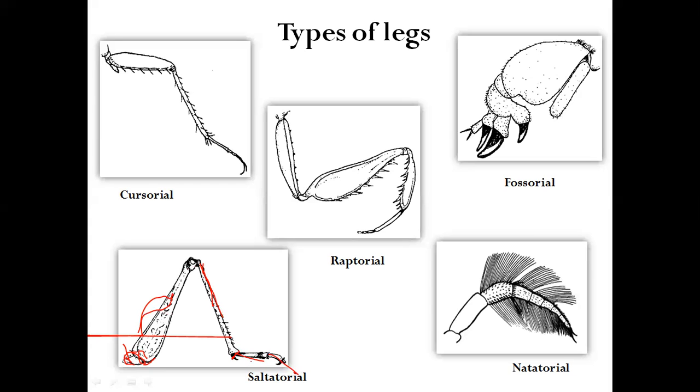The tarsus is the last part of the leg, usually divided into segments called tarsomeres. On the tarsus, various modified structures are present: the adhesive pad, which is important for climbing and movement on smooth surfaces, and the claw, which is very important for walking on rough surfaces.